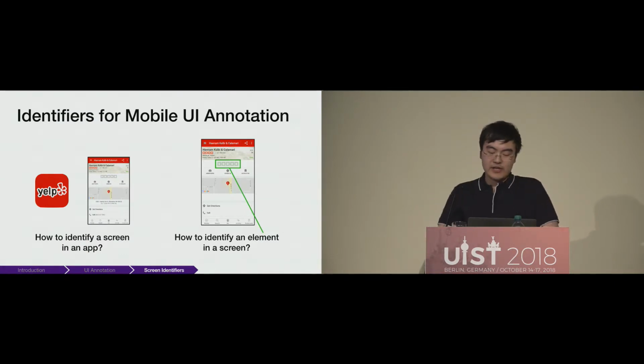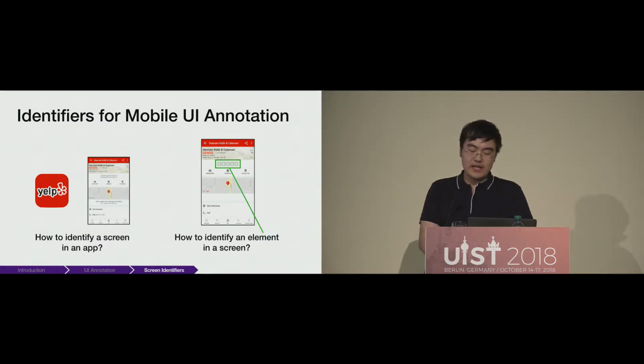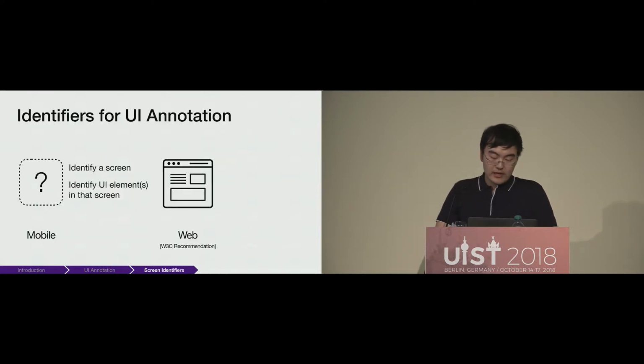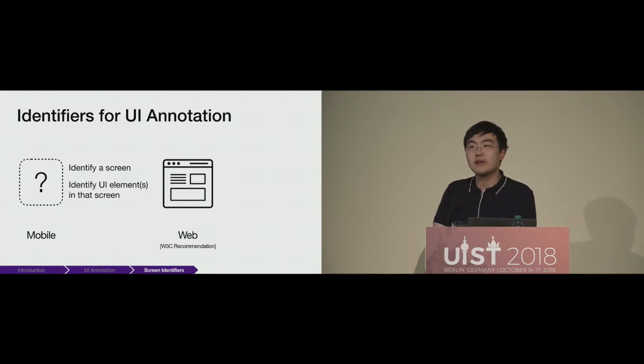So the key challenge here is to make identifiers that link each annotation metadata with the inaccessible UI element. We first need to identify the screen for annotation, and then identify the UI element on that screen. Again, we're inspired by web annotation, where a URL can identify a page, and then XPath can identify UI elements on that page.